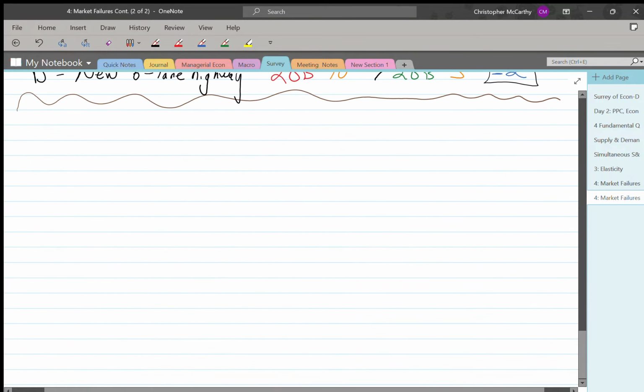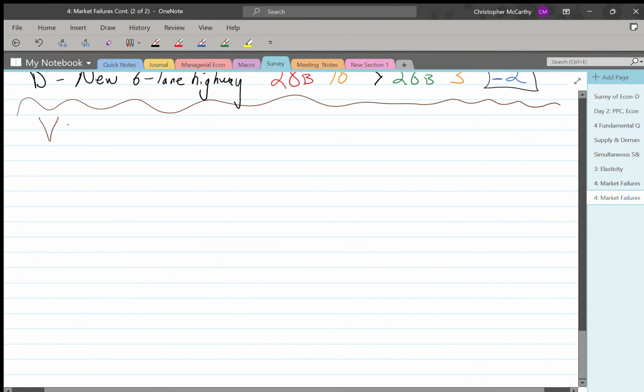All right, moving right along, we've got externalities. I've already been talking about them, but let's go ahead and get some definitions in our notes.